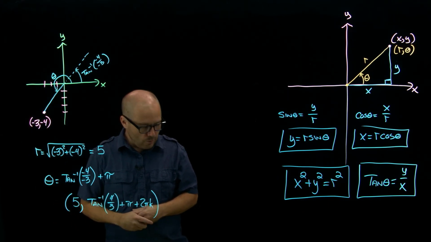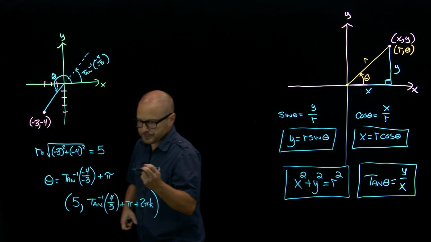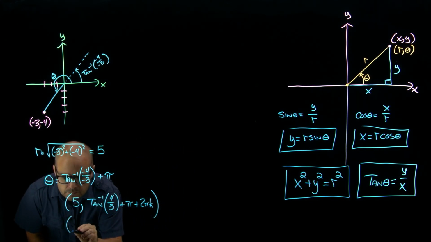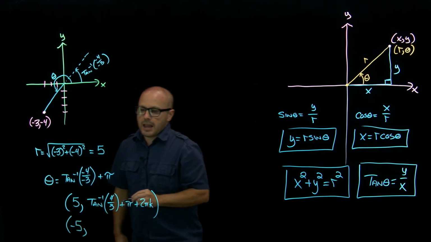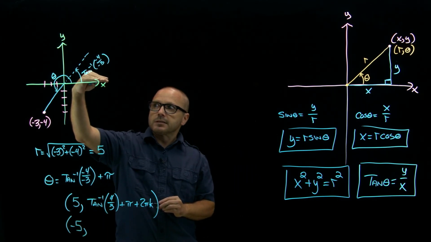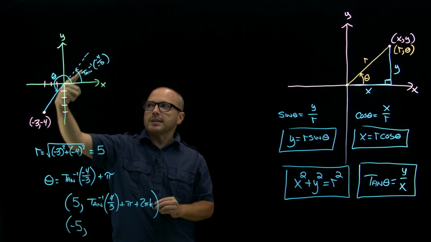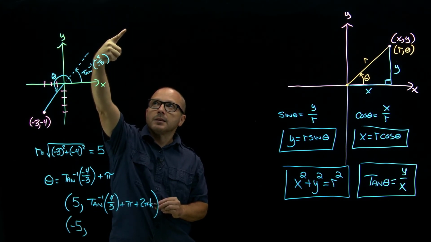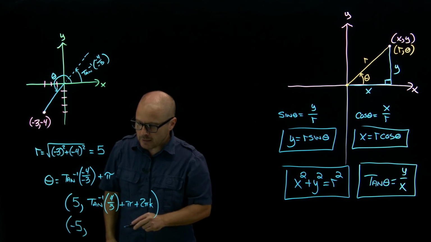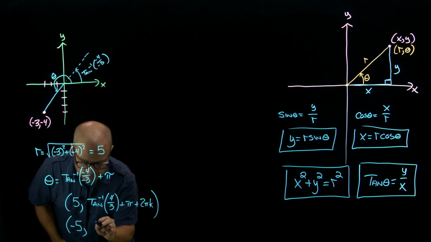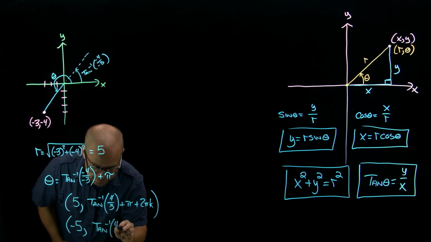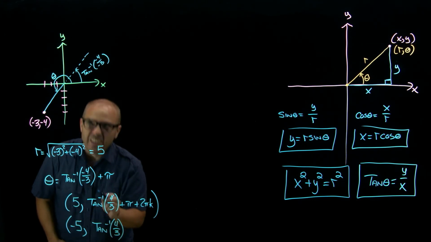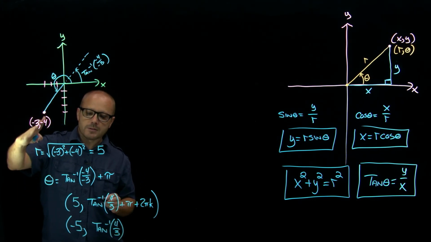So with a negative 5, the angle would actually be just the tan inverse, right? Because that's the way we would want to face, but we would want to walk backwards. So here there's no adjustment needed. It's just tan inverse of 4/3. That's going to give us that angle in the first quadrant, and then we're going to walk backwards.